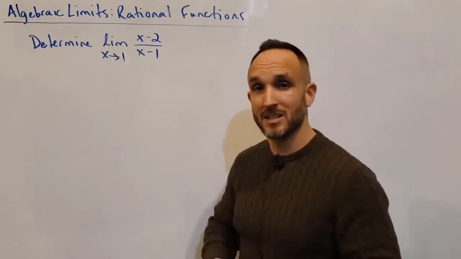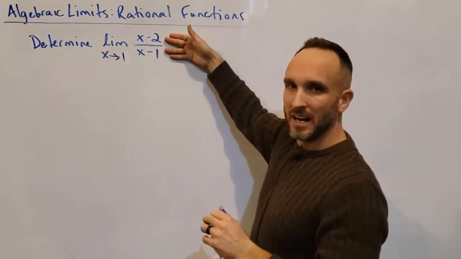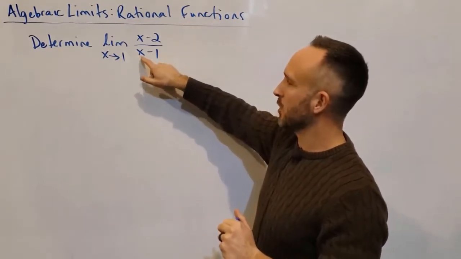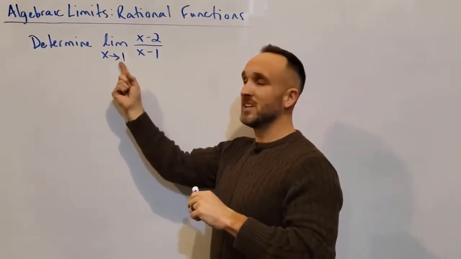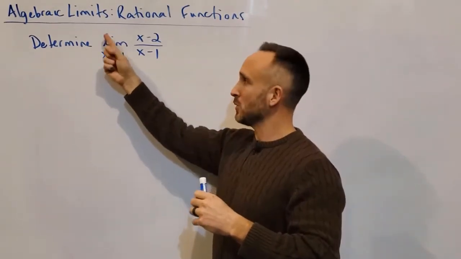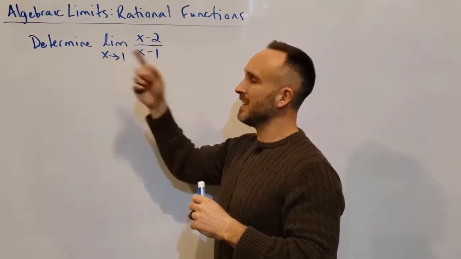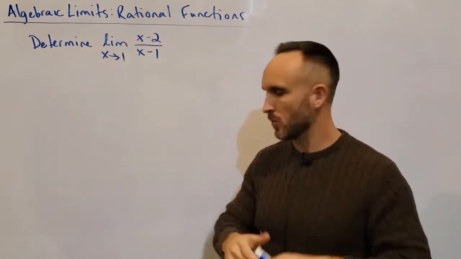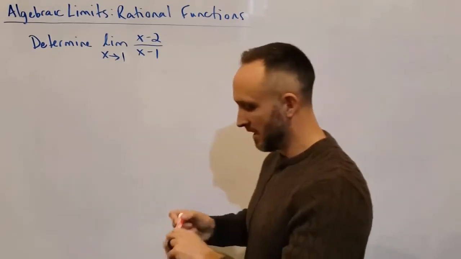We'd be dividing by 0. So this function is defined everywhere except for x equals 1. In fact, it's defined infinitely close to 1. And that's what we're looking at here. What is the value of this function if we get infinitely close to 1 from the left and from the right? So let's take a look here at the left-sided limit.